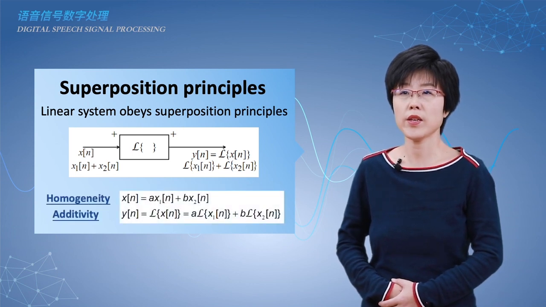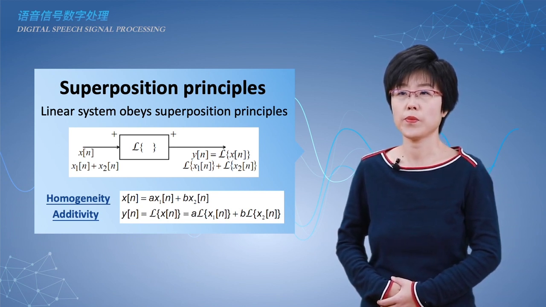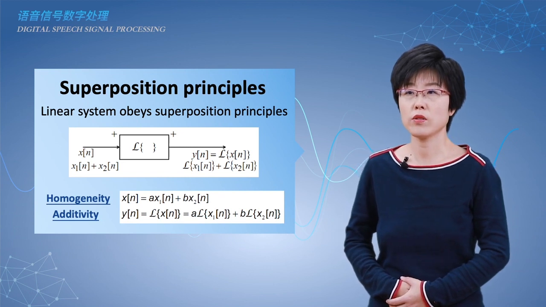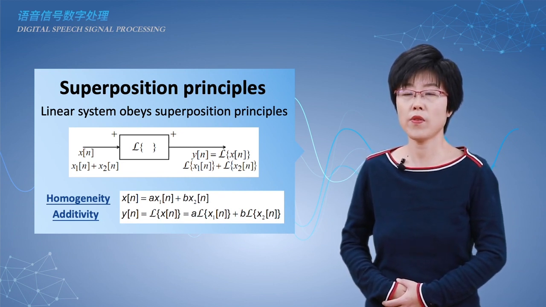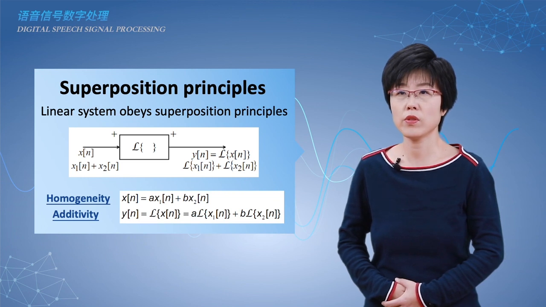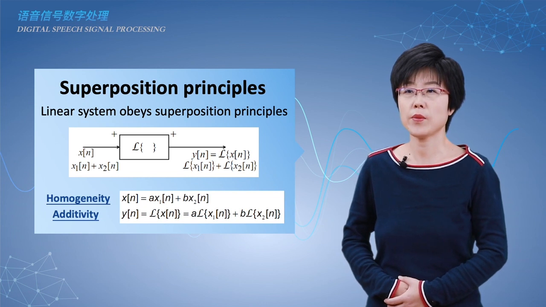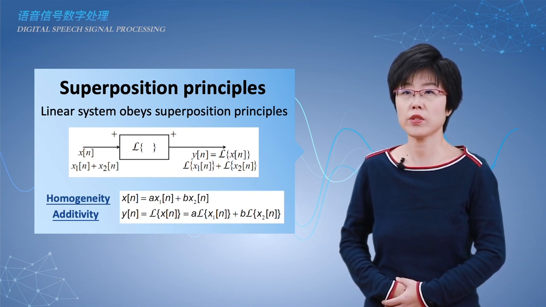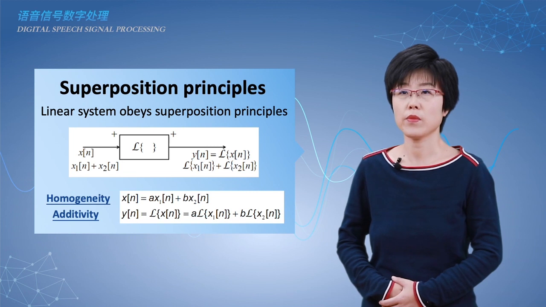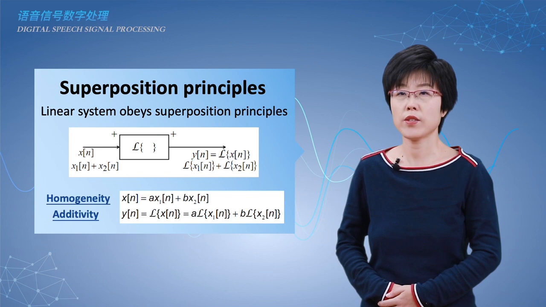The homogeneity and additivity properties together are called the superposition principle. A linear function is one that satisfies the properties of superposition. It is defined as shown in the equations. This principle has many applications in physics and engineering because many physical systems can be modeled as linear systems.